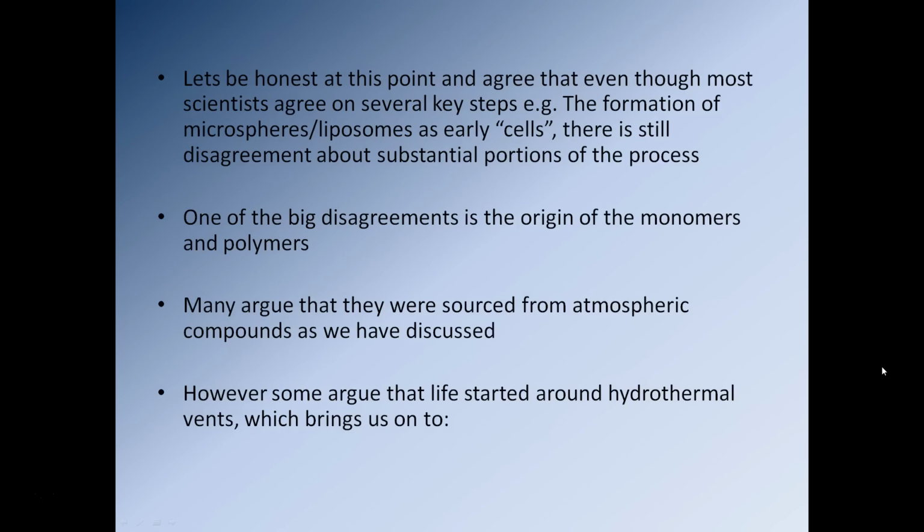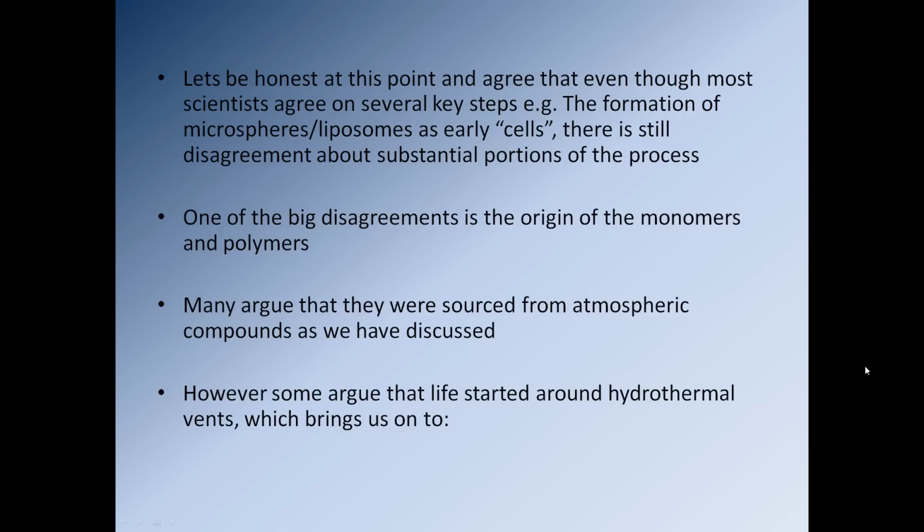So let's be honest, though. At this point, we have several key steps outlined. And these key steps make sense based on experiments and the available materials. However, one of the big disagreements is the origin of the monomers and the polymers.